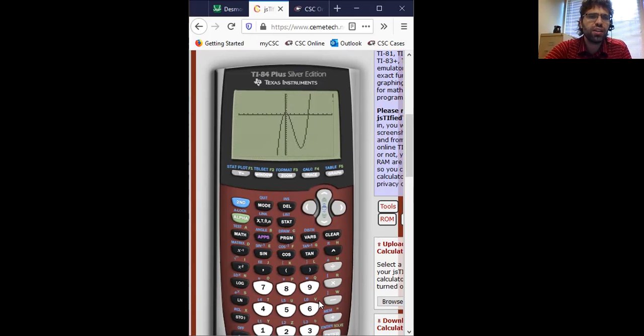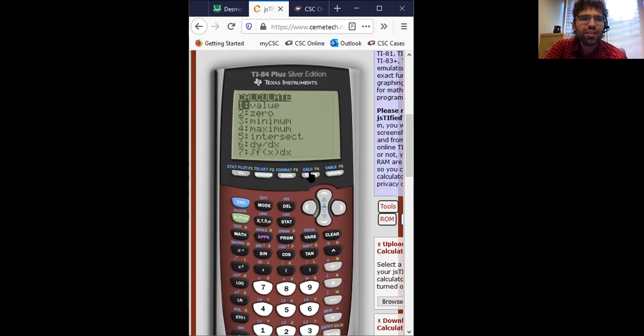And now we press enter, and our calculator has found our local minimum for us, about 3.304, comma, negative 16.556.